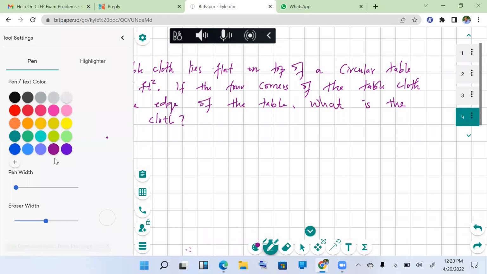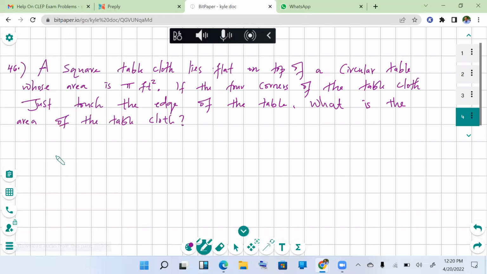So to answer this question, I believe we need to use a diagram perhaps. So let me start by drawing a square. So let's assume that's a square.